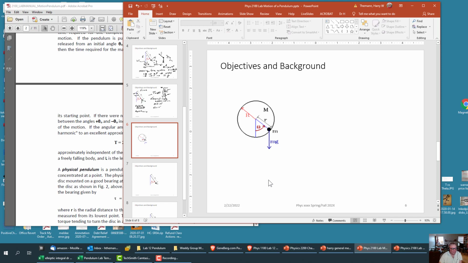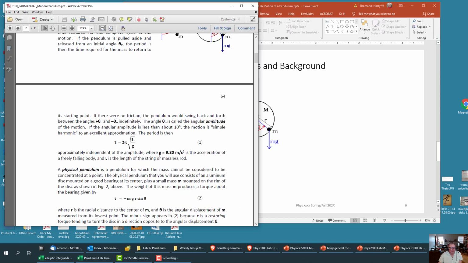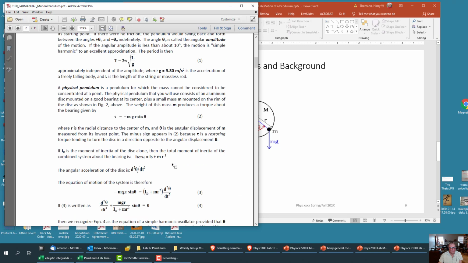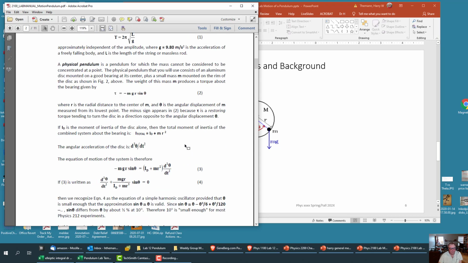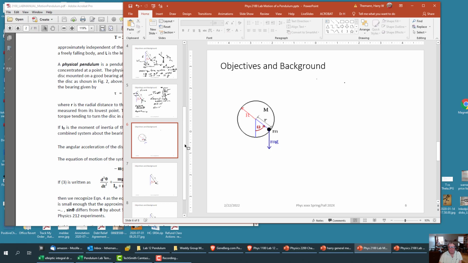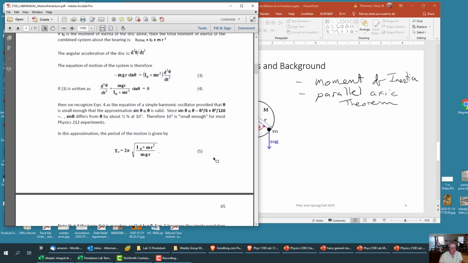It can be done, but you have to be a little clever. The way you do that is by using the moment of inertia, which you don't know about yet, and the so-called parallel axis theorem. This is what you'll be doing at the end of the semester in 2100. By using that, at the end of the day, you come up with this expression here.